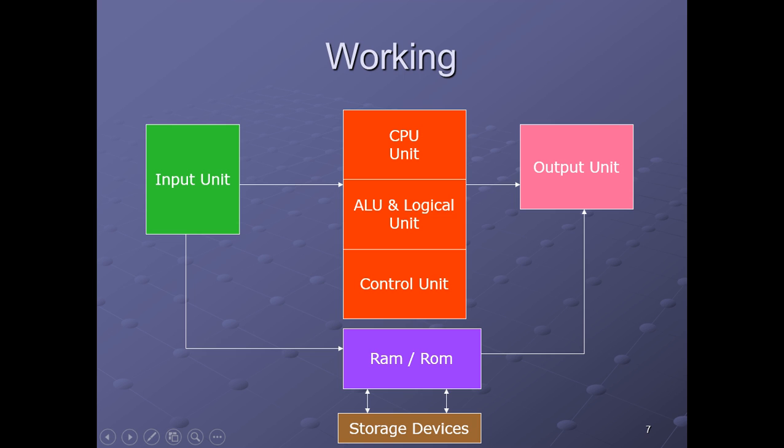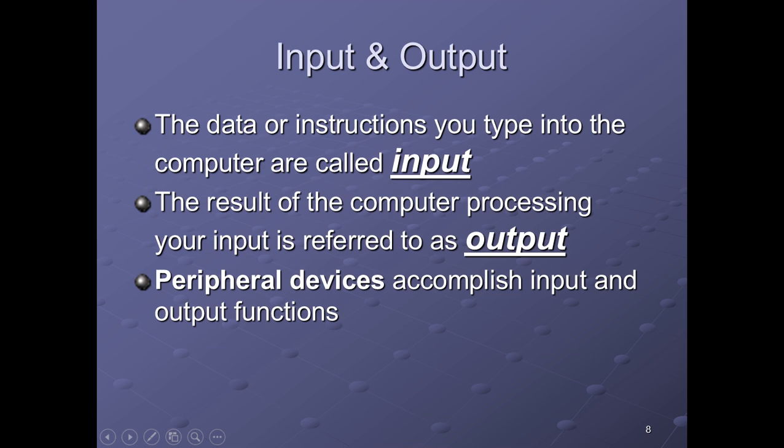Now input and output. When you feed data or instructions to the computer, this is the input. The data and instructions you type into the computer are called input. Now the result will be shown to you after processing, it is called output. The result of the computer processing your input is referred to as output.